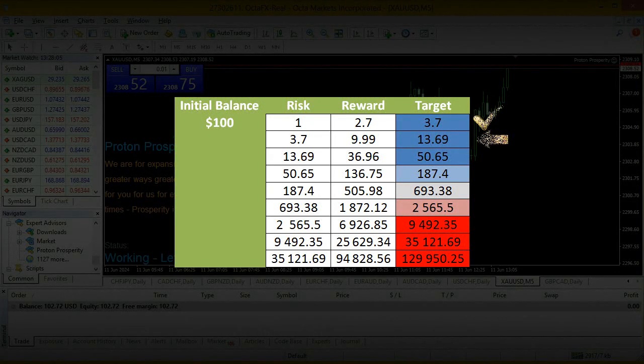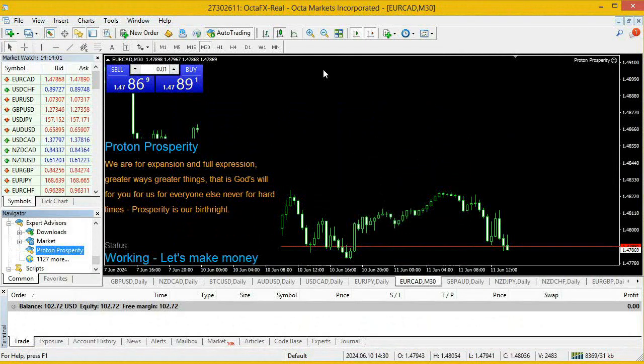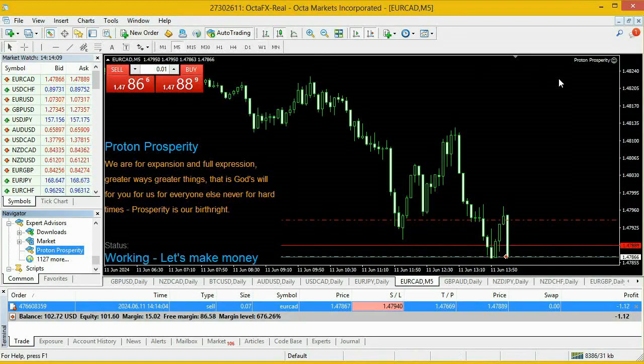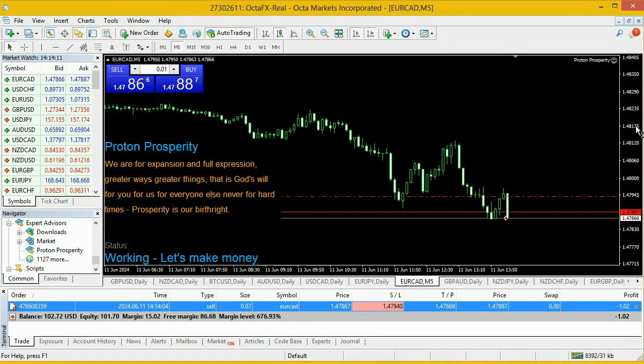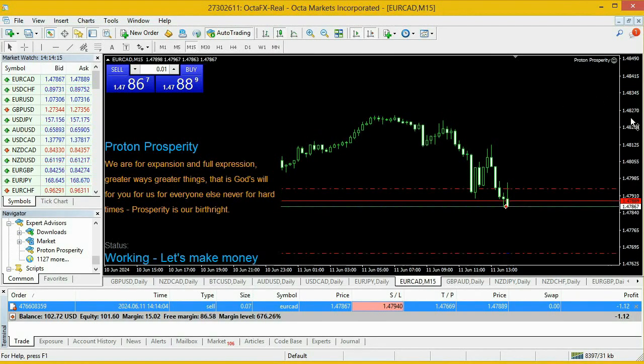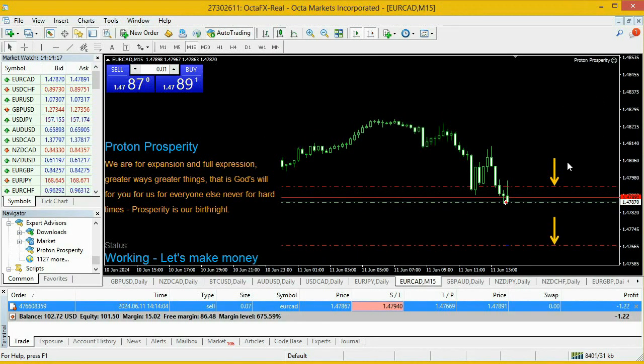Now let's see how we get here. This is the euro and Canadian dollar currency pair. Sell position executed. Our stop loss and take profit.